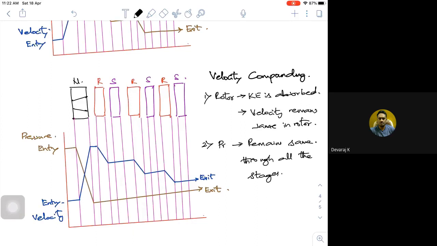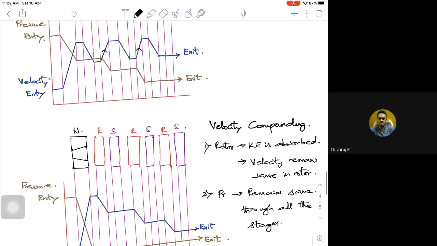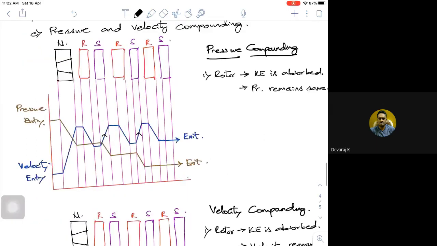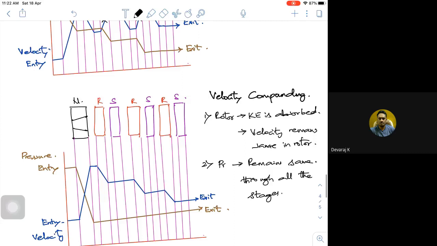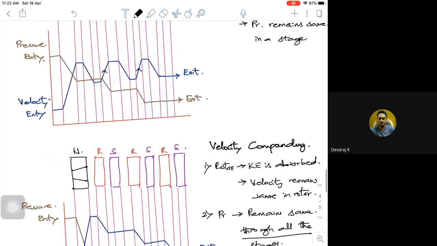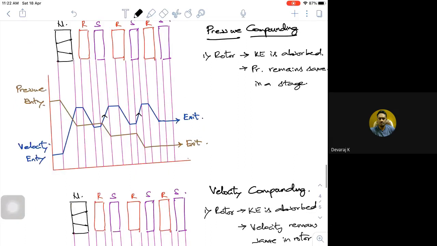This is about your velocity component. So, pressure component, what will happen? Your pressure remains the same in one particular stage in pressure compounding. But here the pressure remains the same in all the stages. So that's the main difference between your pressure compounding and velocity compounding.